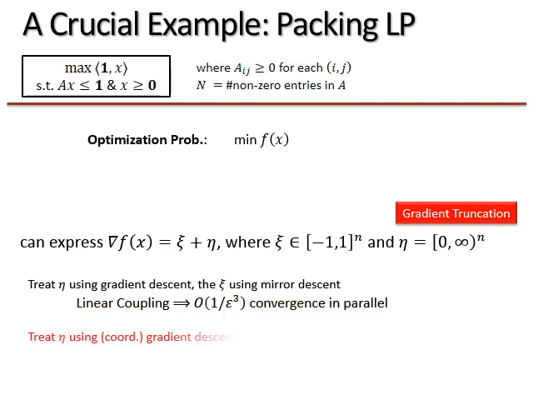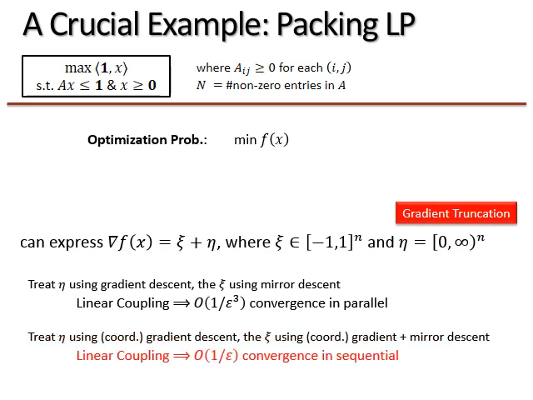And for sequential ones, life is actually much more involved. We perform gradient descent on this large component η, but for the ξ component we perform both gradient and mirror descent, although they are coordinate versions. Then, using linear coupling of these 3 different first-order methods, we obtain a 1/epsilon convergence rate for sequential algorithms.